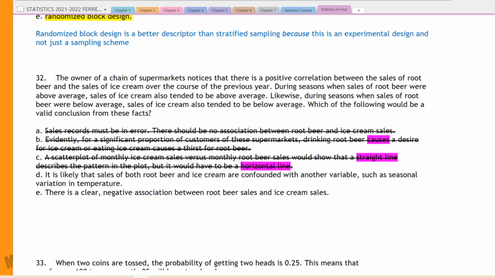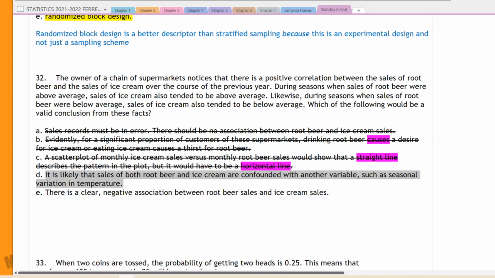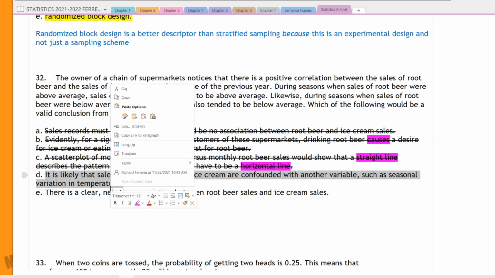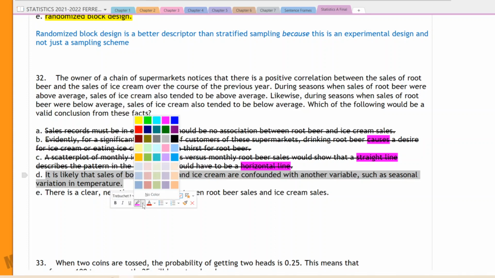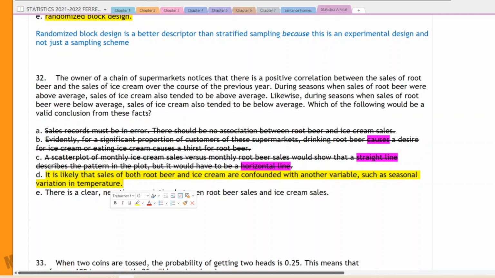And if the temperature gets warmer, the sales of ice cream are also going to increase. So really, root beer sales and ice cream sales are both responding to the seasonal variation in temperature. They're not responding to each other. They're both response variables of the same explanatory variable, which is the temperature.